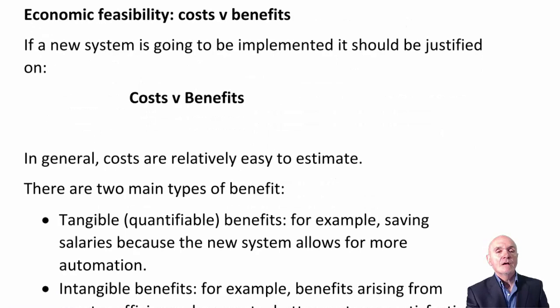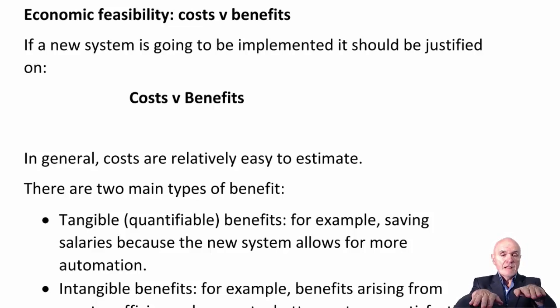So, cost versus benefits. And this is what we kind of major on in this chapter. The technical feasibility, the operational feasibility, the social feasibility, remember about those. But we're going to be looking mainly at the economic feasibility, the costs versus the benefits.